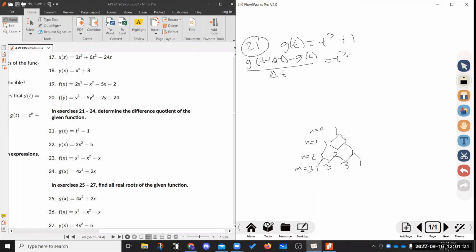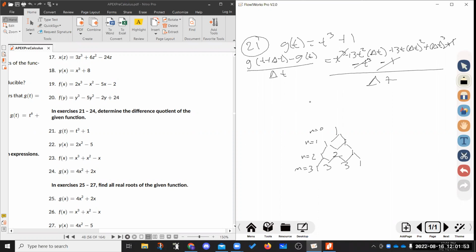It's going to give me t cubed plus 3t squared delta t plus 3t delta t squared plus delta t cubed plus 1 from the function minus my original function of t cubed plus 1, because it's minus the whole thing, all divided by delta t.